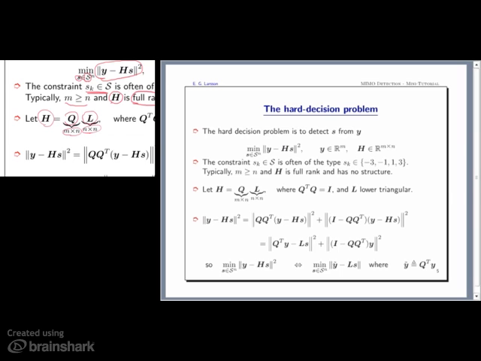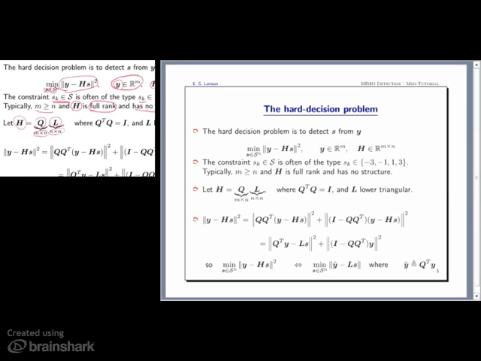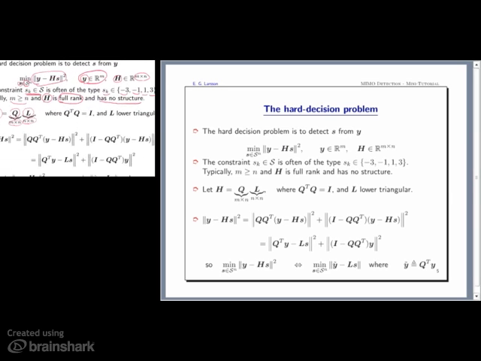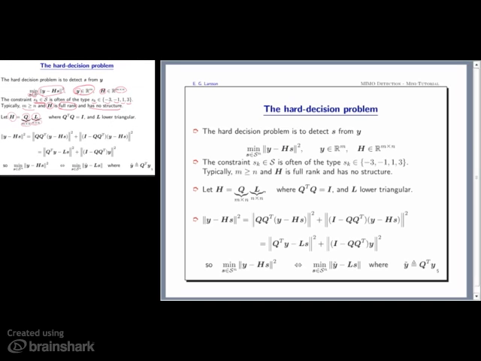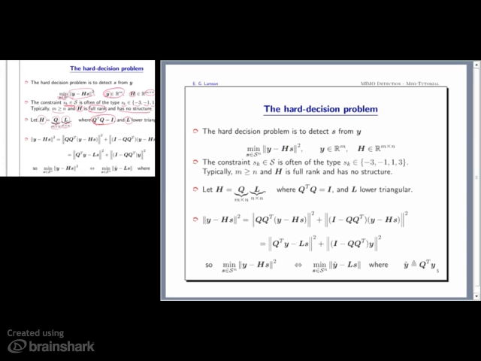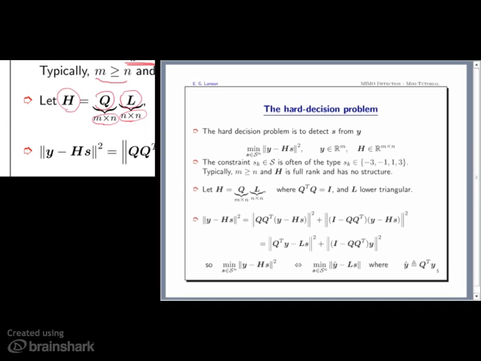And where Q is semi-unitary, so that all its columns are mutually orthonormal, so Q transpose Q is equal to I, and where L is a lower triangular matrix. Everything that L has above its diagonal are just zeros. Now, this QL decomposition is substantially equivalent to the QR decomposition that I'm sure you're familiar with. The reason I use QL instead of QR is just that some of the math that follows will be slightly simpler if I use the QL instead.